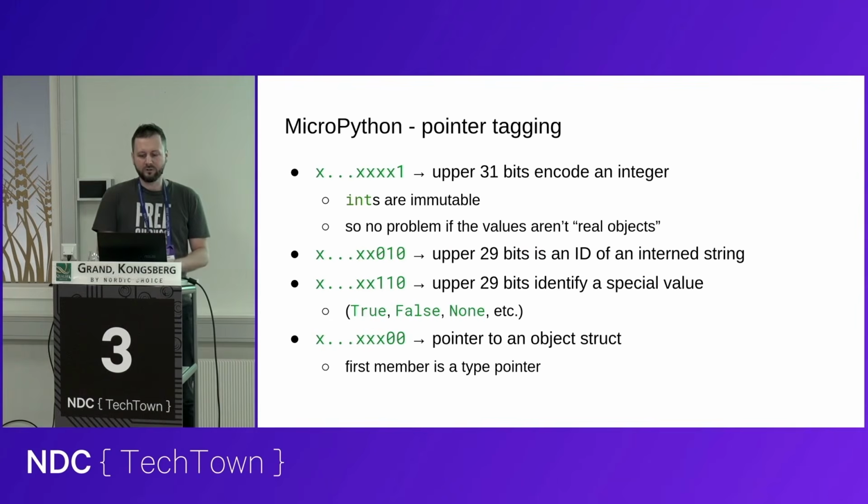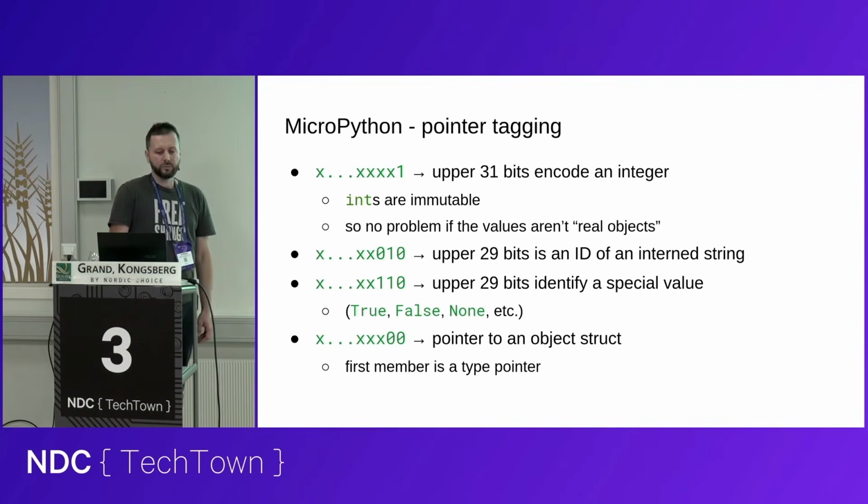We use a technique called pointer tagging to store some data in the pointer if it's not a pointer. For instance, if the last bit is 1, then the first 31 are a small integer that fits into 31 bits. If it is bigger, then we need to allocate it as a separate object. Ints are immutable, so it doesn't matter that these are not real objects.